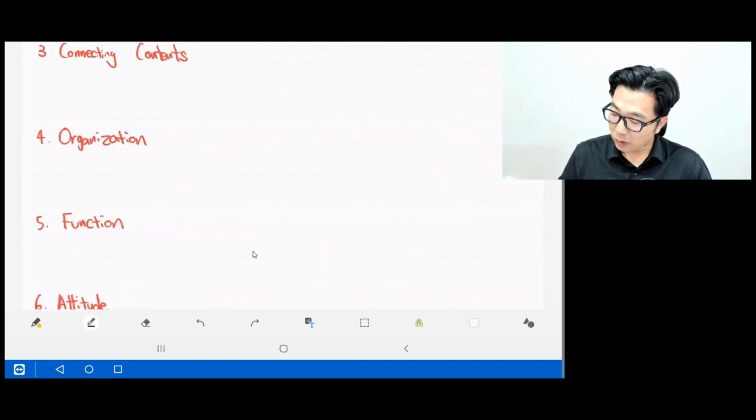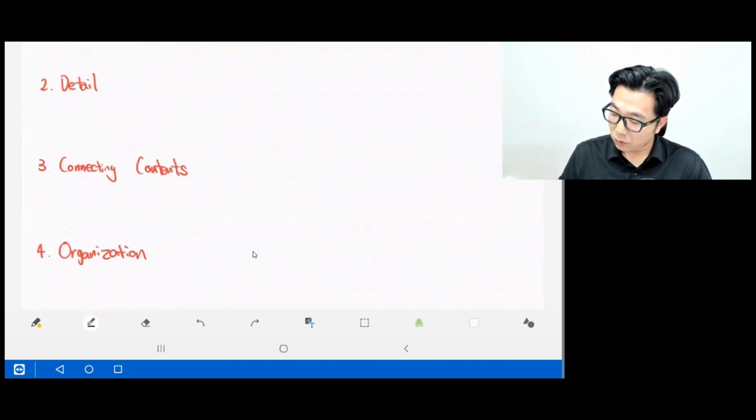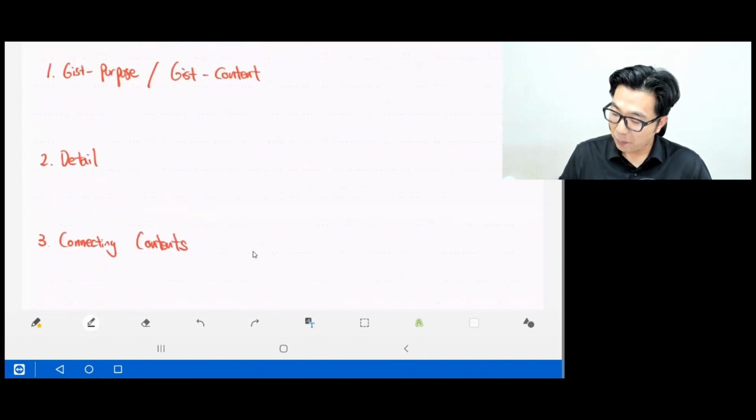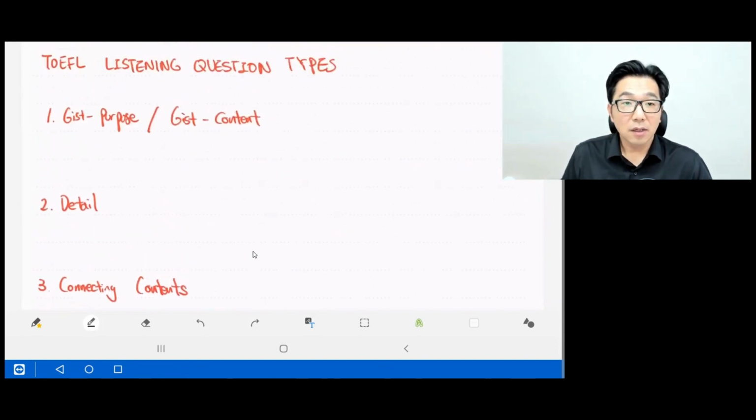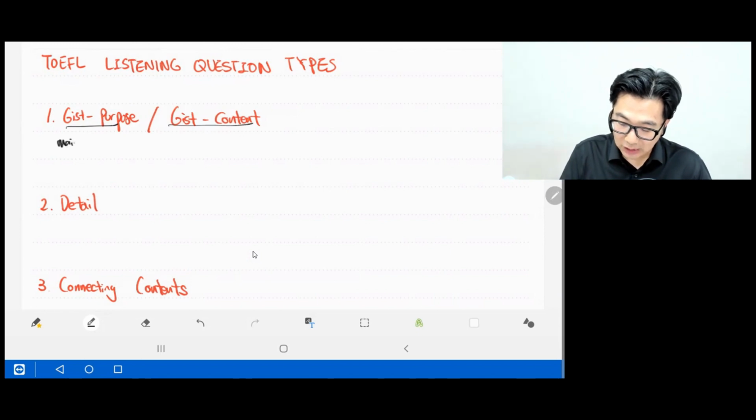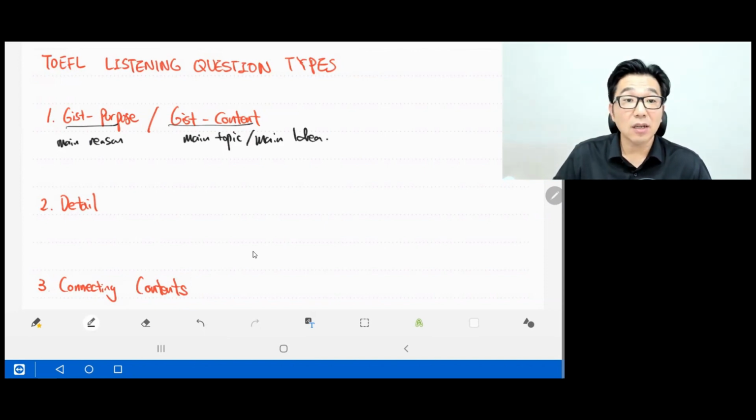And these 7 question types apply to both conversation and lecture passages, okay? All right? So question type 1 is gist purpose or gist content. So it's asking for the main reason why this listening passage takes place and what is the main topic or main idea of the passage.